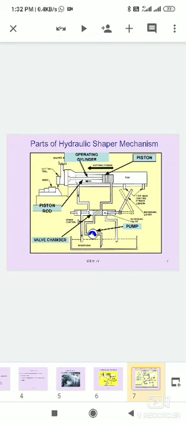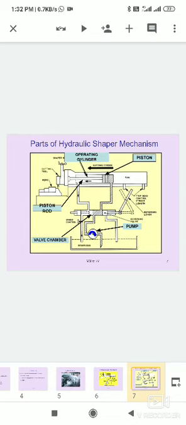It has two types of cylinders. One cylinder is connected to the reversing lever, and the other cylinder is located in the ram.